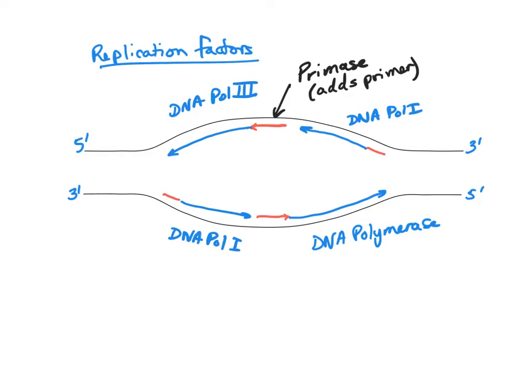Now, remember, as we continue on in this direction, leading strands can keep on polymerizing by DNA pol 3. Forgot that one down there. And in order to do so, they have to unwind the DNA. We've got it shown as double-stranded DNA outside the bubble, but in fact it's actually twisted up. And we need a couple of factors for that.